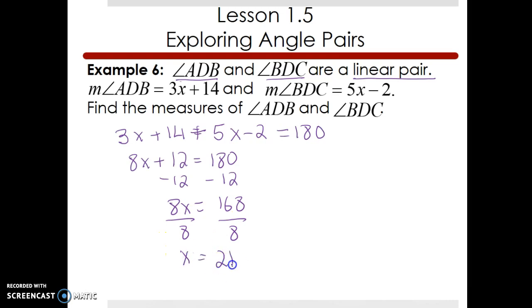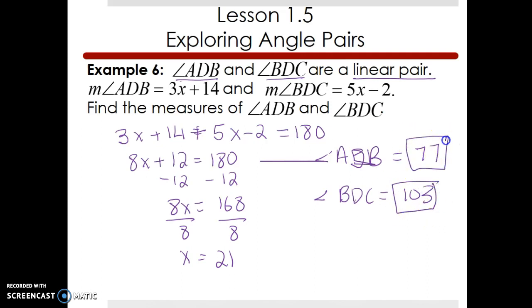X equals 21. Now again, to find the angles, I'm going to plug it in. ADB is going to be 3 times 21, which is 63, plus 14 gives me 77. And then BDC, 5 times 21 gives you 105, minus 2 is 103. And together, they equal 180.